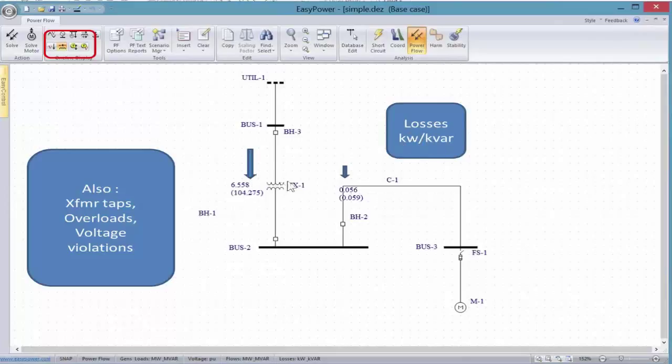So in this case, what we're showing is a 6.5 kilowatt loss across the transformer, but 104 kilovar loss at the same time. And these are areas where we may want to mitigate or take some steps if we are experiencing a loss in reliability, or maybe even a loss in ability to deliver power to a load.